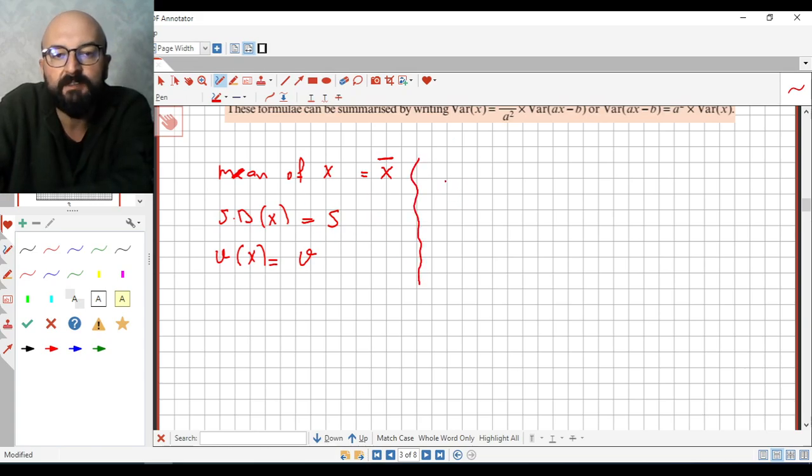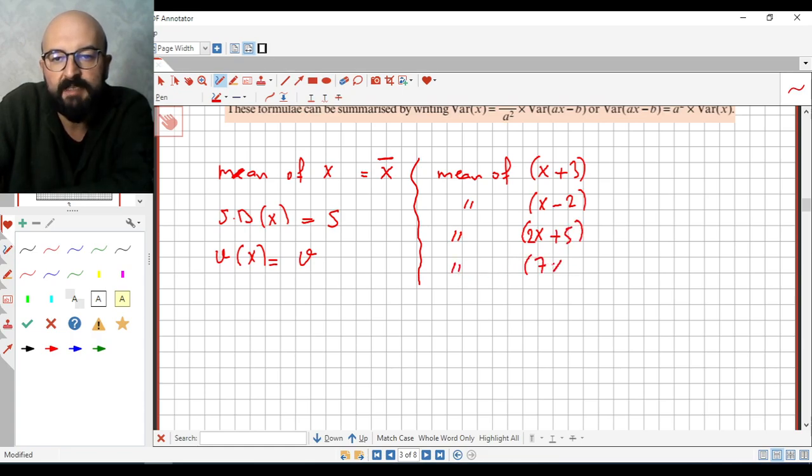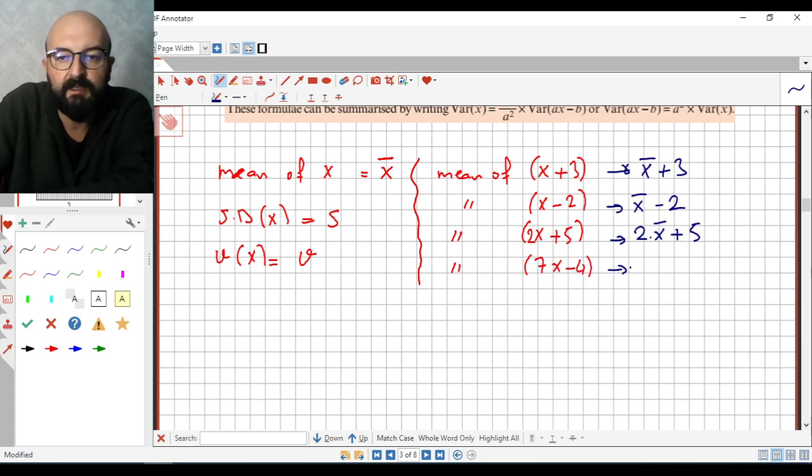If we write the mean of, for example, x plus 3, the mean of x minus 2, the mean of 2x plus 5, the mean of 7x minus 4, it becomes the mean of x plus 3, the mean of x minus 2, 2 multiplied by the mean of x plus 5, and 7 multiplied by the mean of x minus 4.